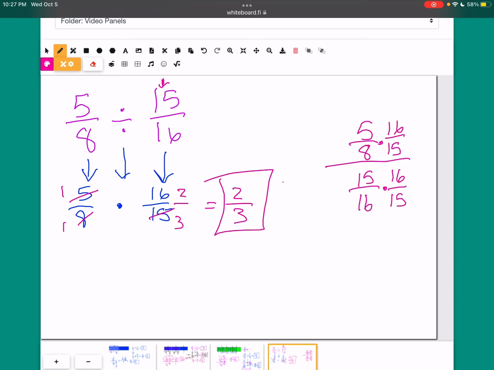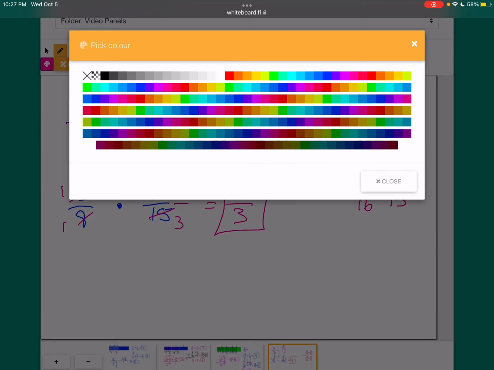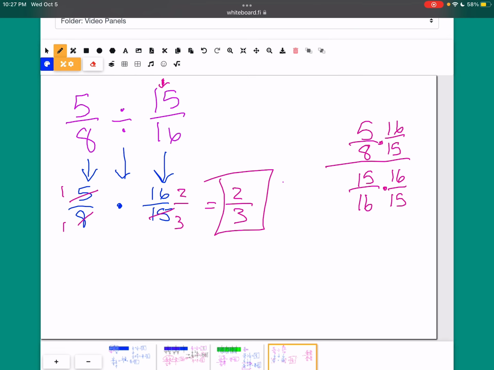And of course, I'm able to simplify. And I'm going to simplify because I don't want that hairy problem staring me in the face. And I get the same thing, 2/3. All right. Guys, I think you get the hang of it, don't you?